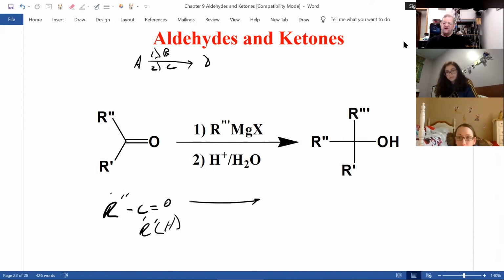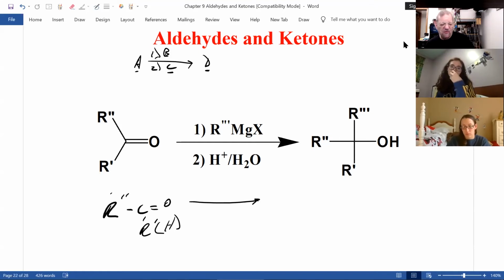Organic chemists are lazy. And what this means is I take A, first react it with B, then after that I react with C to make D. Because we're lazy, instead of putting two steps with arrows, we combine it.